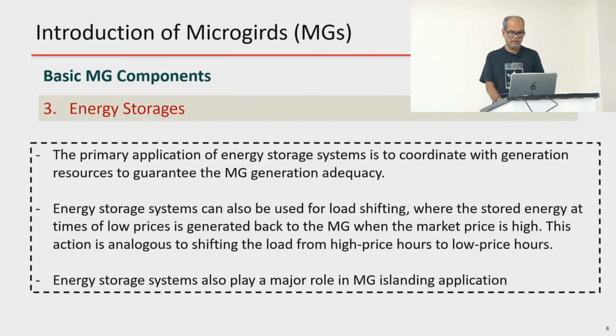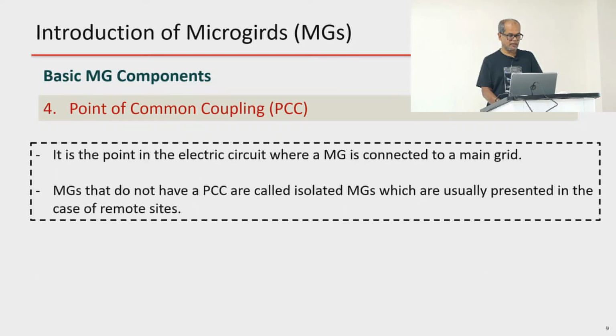So, energy storage. I already mentioned that so far battery is the dominant energy storage technology in the microgrid, but having said that, hydrogen is also getting popular, and already in Australia we have 2 operating microgrids with hydrogen and other technology, and there are other projects in the pipeline as well.